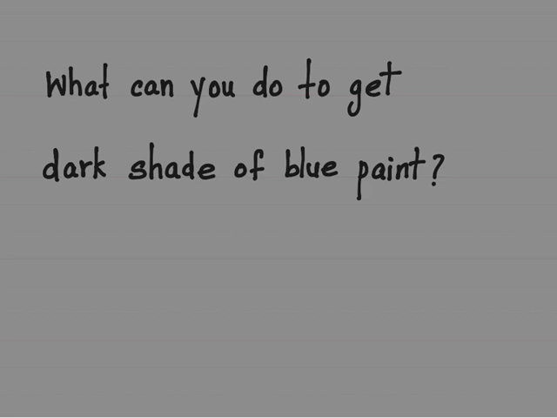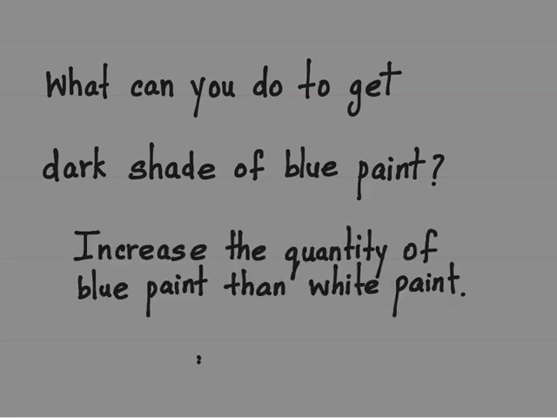What can you do to get a dark shade of blue paint? To get a darker shade of blue paint, we have to increase the quantity of blue paint compared to white paint. So the ratio of blue paint will be more compared to white paint.